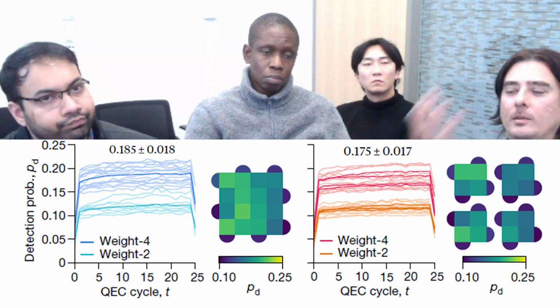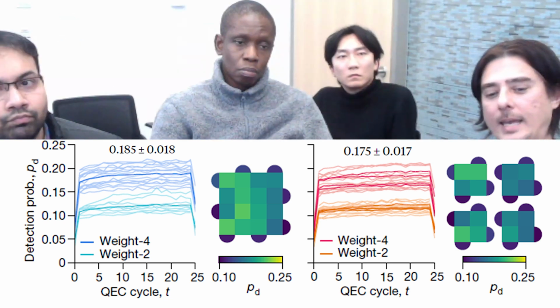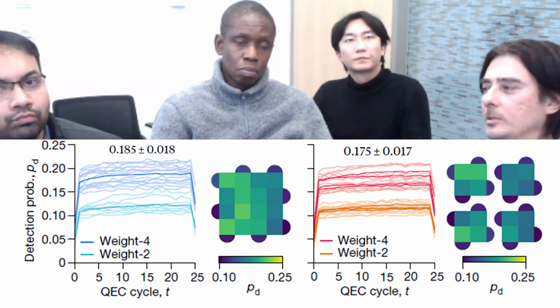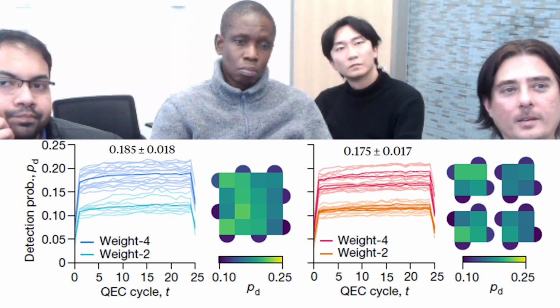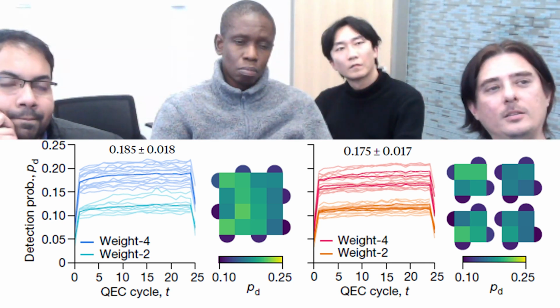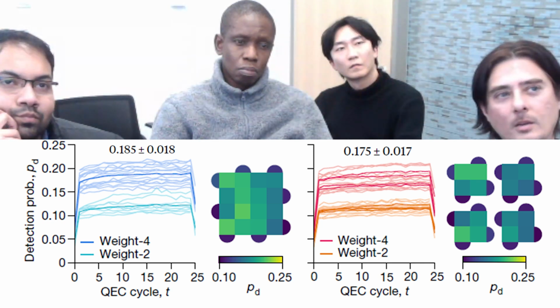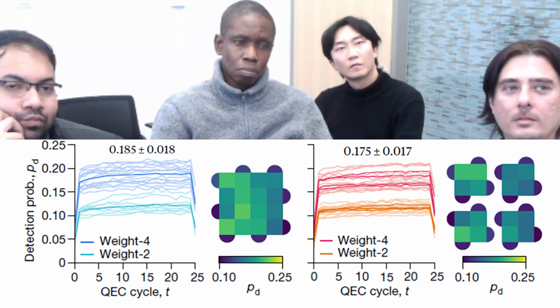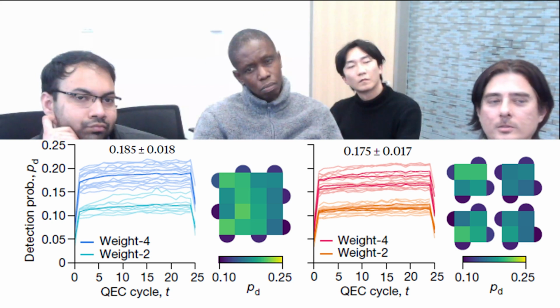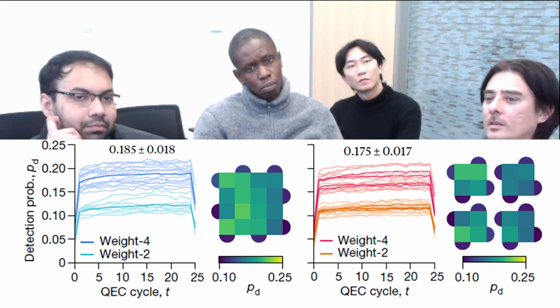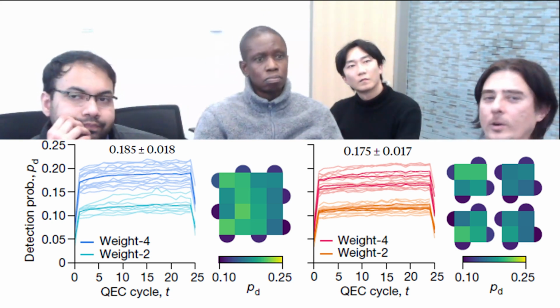And so basically, what is the probability of any one of those syndromes changing from one time step to the next time step, right? And then the probability they get is something like 0.18. So basically, roughly 1 in 5 or 6 cycles, you'll see some error happening somewhere, right?